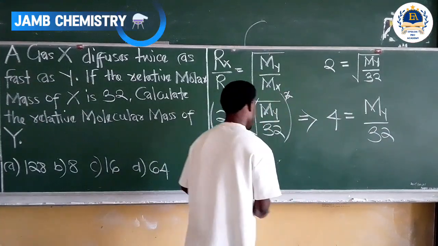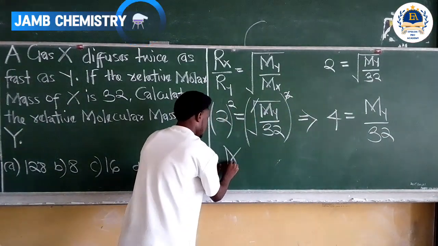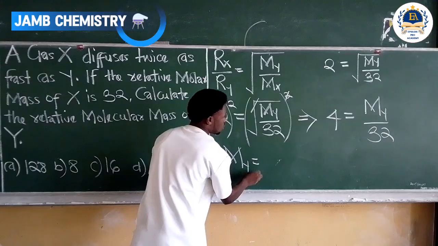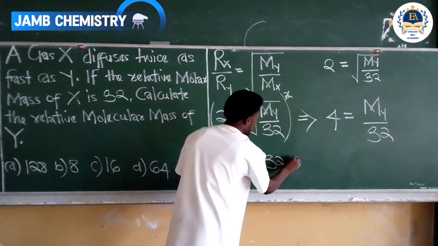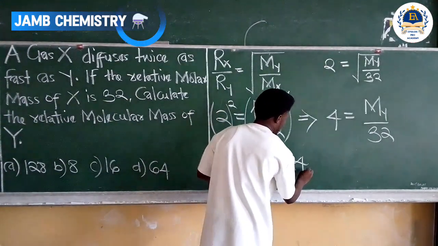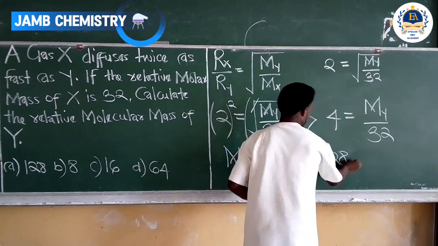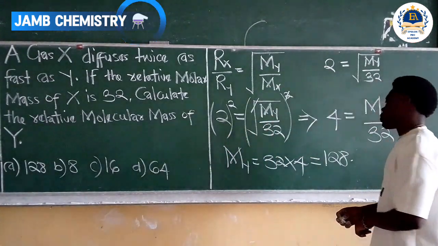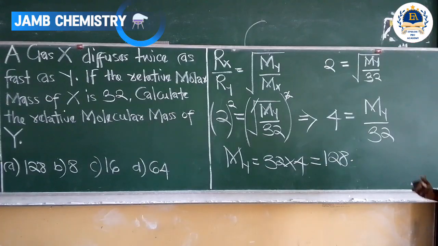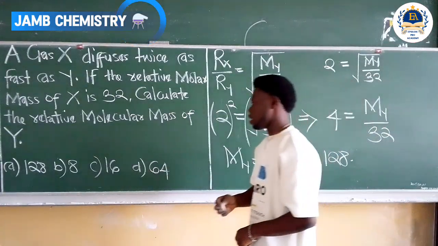Making My the subject, My is equal to 32 times 4. That becomes 128. So the correct answer is 128, and the right option on the board is option A.